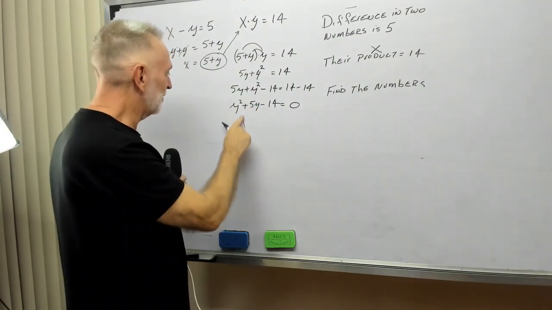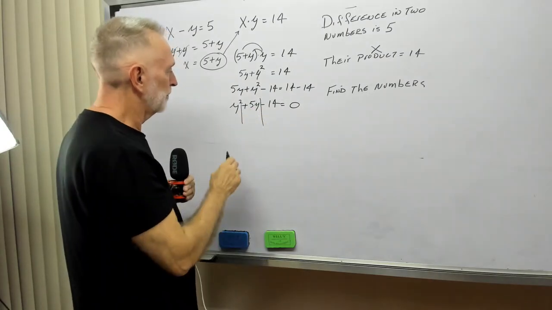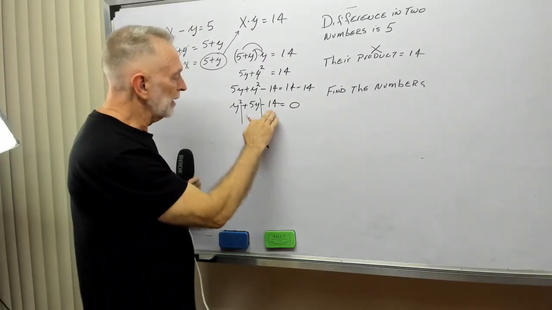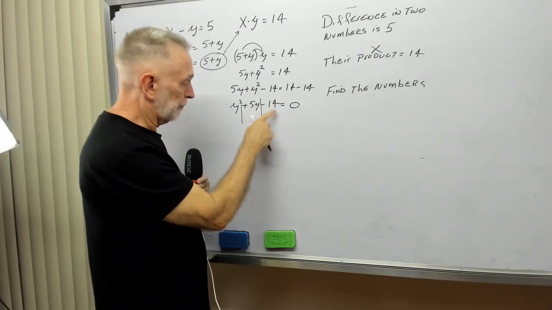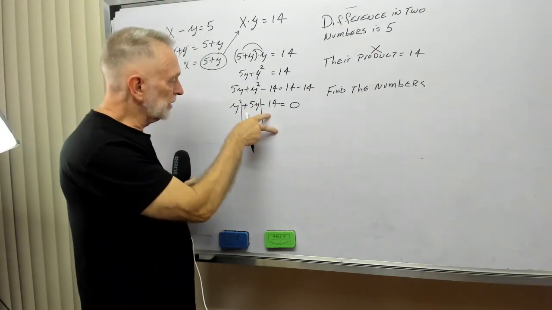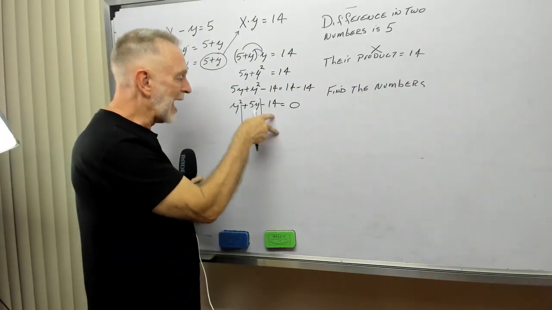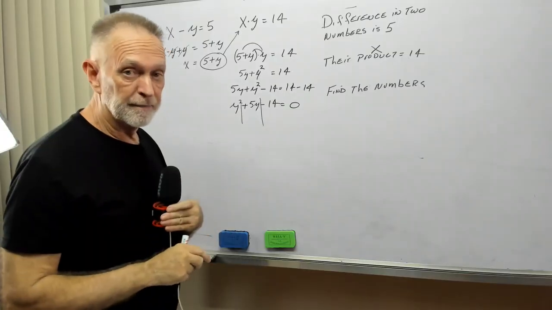I'm going to break this into three pieces. And when we factor, what's the goal? I'm trying to find the factors of negative 14 that, when I multiply them together, give me negative 14, but when I add them together, give me a positive 5.